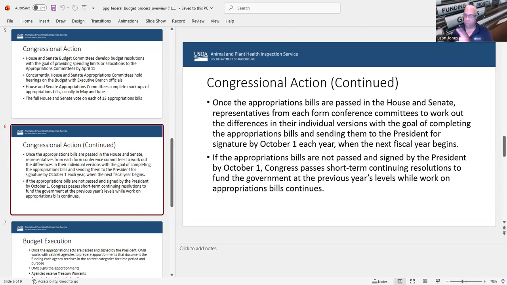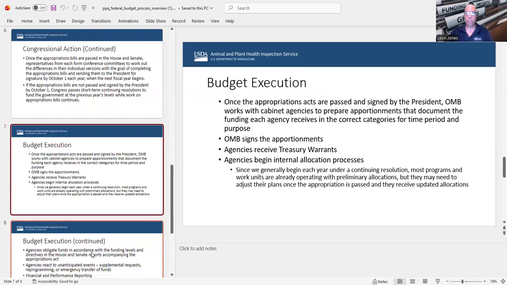So, as I mentioned to you before, if the appropriations bills are not passed and signed by the president by October 1, Congress passes a short-term continuing resolution. That's known as a CR, to fund the government at the previous year's level while they continue to work on appropriations bills.